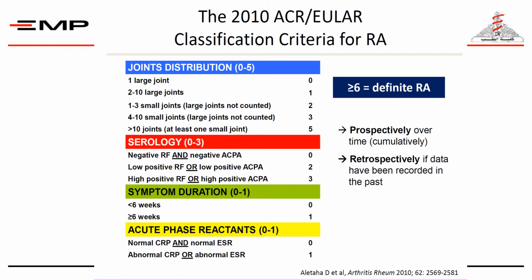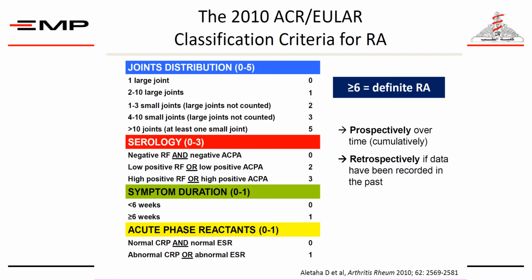If he has 1 to 3 small joint arthritis, he will take 2. From 4 to 10 small joint arthritis, you will take 3. More than 10 joints, either small or large, but at least one small joint arthritis, you will take 5 points.